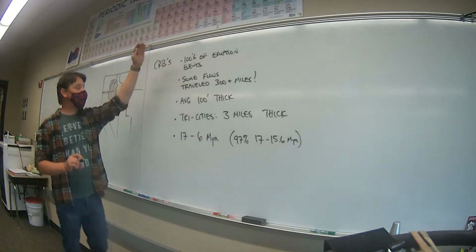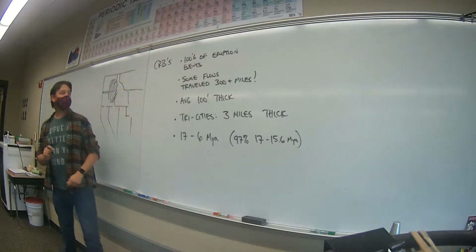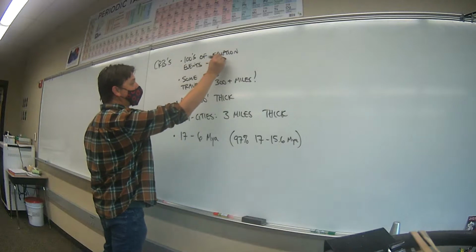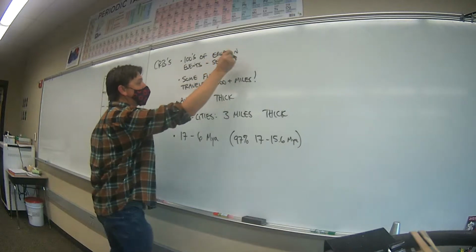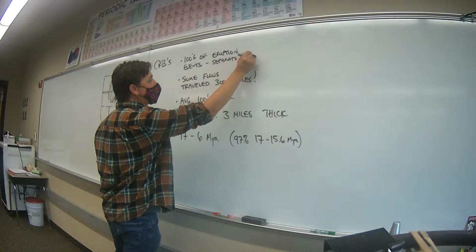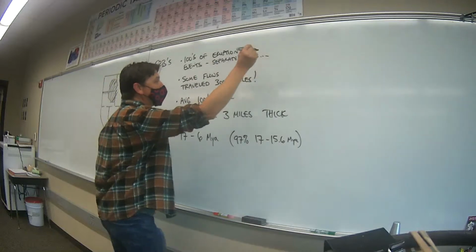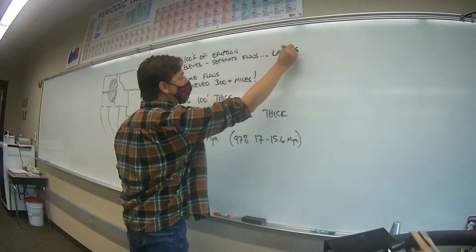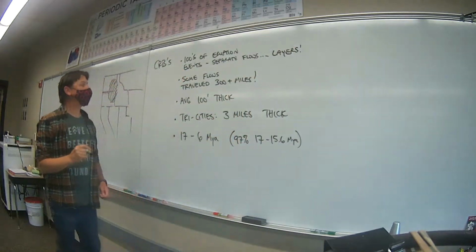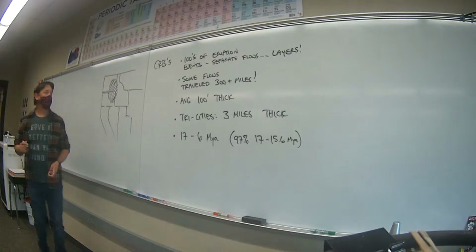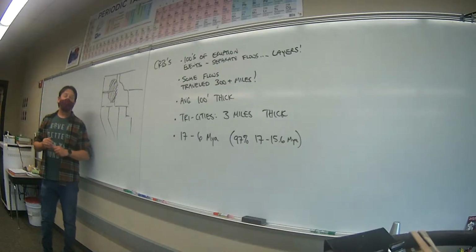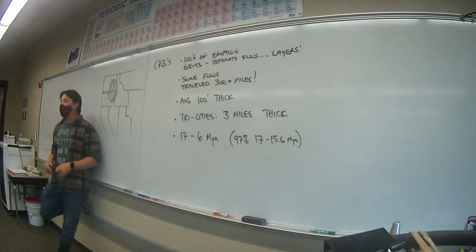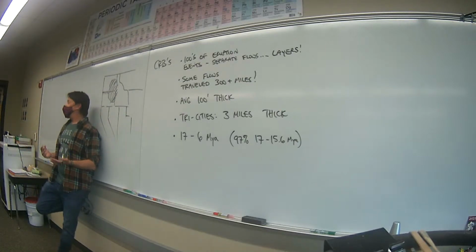So with hundreds of eruption events and hundreds of separate flows, which each makes a layer, as you can imagine, there's a lot of different names. You know, in the world of science, it's something people like to do.